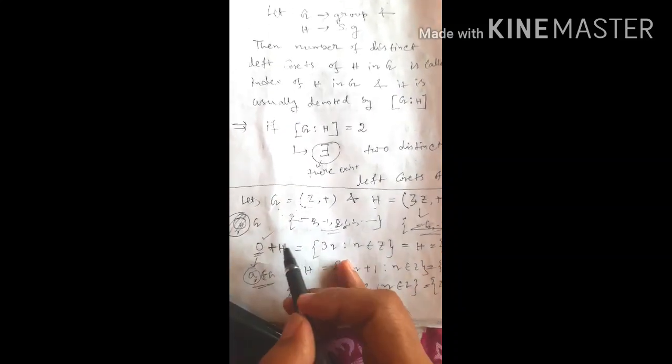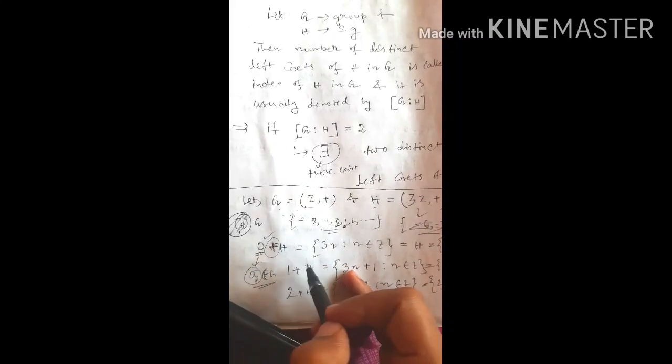So the three distinct left cosets are 0 plus H, 1 plus H, 2 plus H, and again, since it is an additive group, left cosets are denoted by plus.